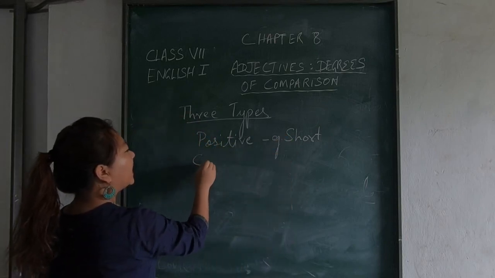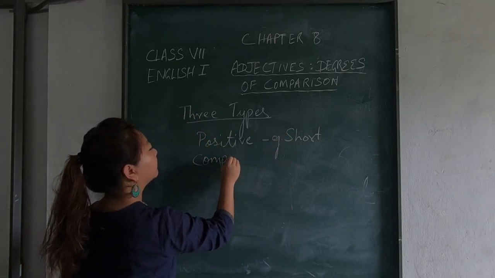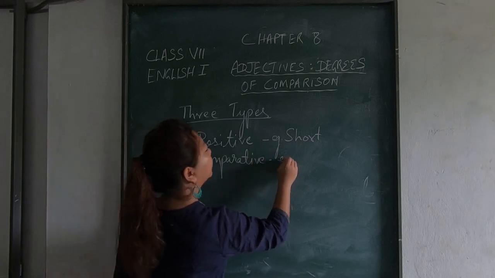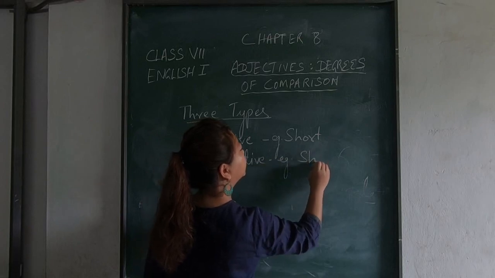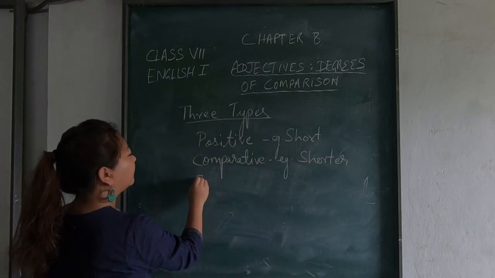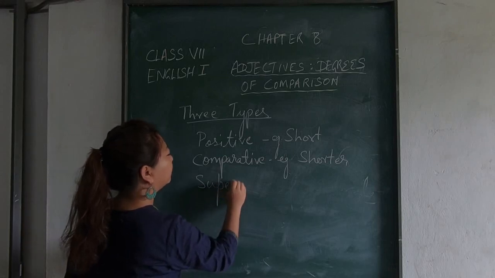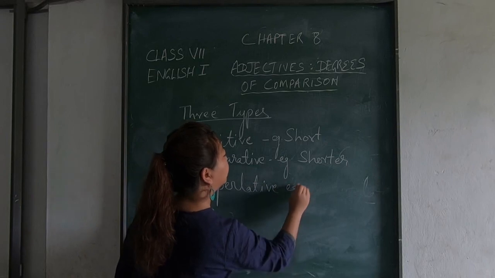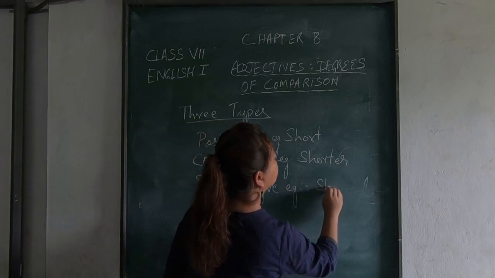Then comparative, example, shorter. And then we have the superlative, example, shortest.